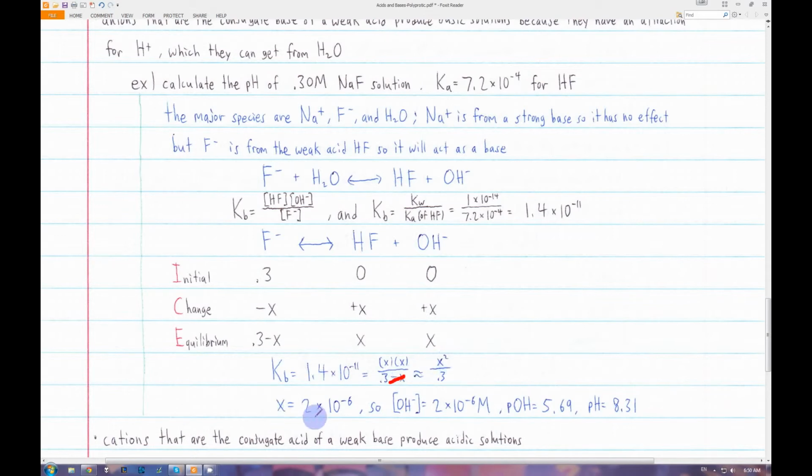So then we solve for x, and whatever we get for x will be the concentration of hydroxide. Then we take the negative log of this concentration of hydroxide to get the pOH, and from there we can get the pH, since the pH and pOH always add up to 14.